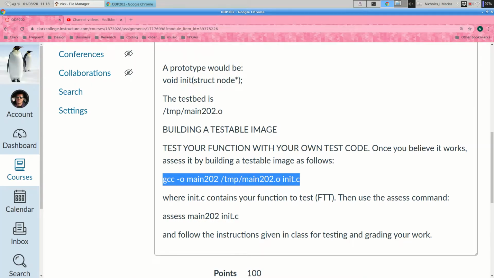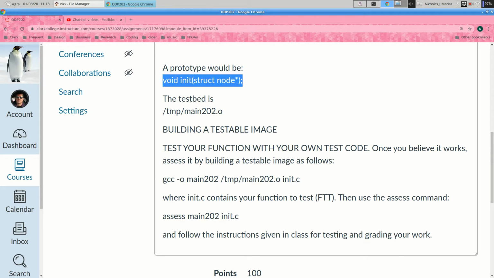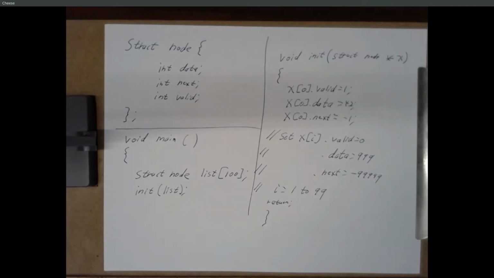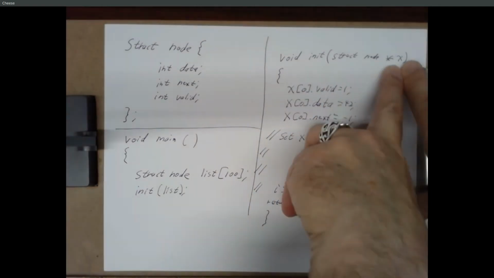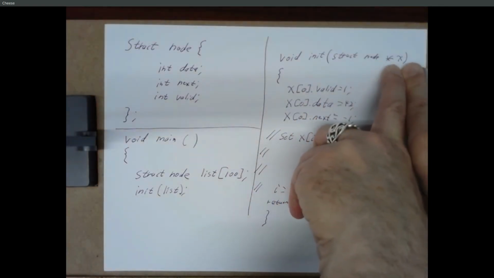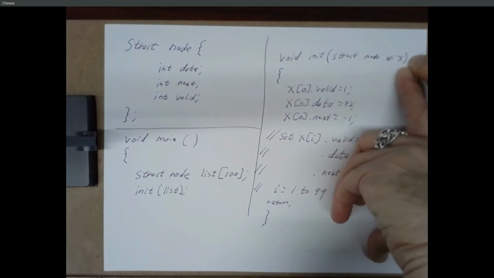And if in the actual declaration you just do this, I think that's what will give that error. So remember, this is a function prototype. This is telling the compiler, when I get around to calling init, I'm going to pass it a struct node star. But when you actually write the function, you define the argument to be struct node star. You also put the name of the variable that you want to use. And there's no semicolon after that parenthesis.